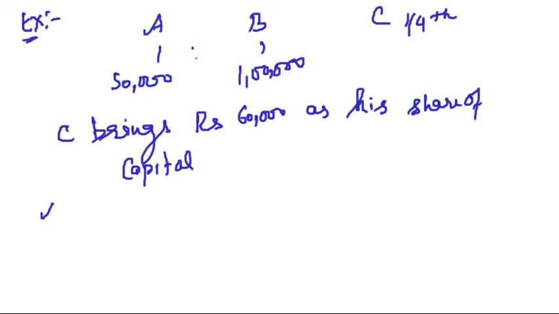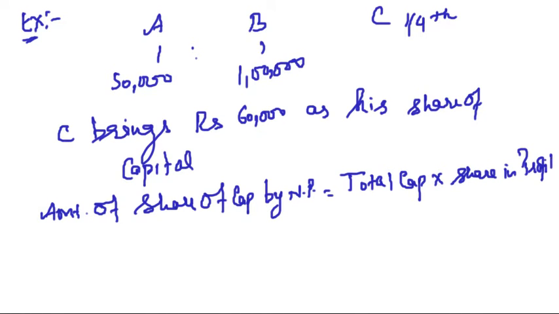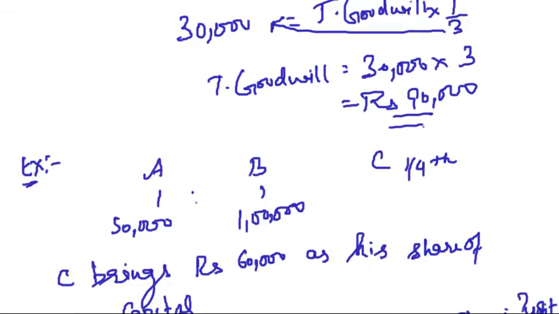Now if we have to calculate the amount of share of capital by the new partner, that is, how much share of capital he must bring, it will be total capital multiplied by share in profit. Like we did here, the amount of premium is total goodwill into new partner's share in profit.